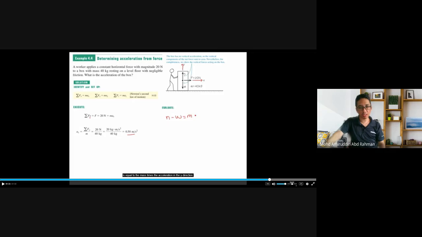We don't have any acceleration in the y direction. Of course it will be 0, because the object is not moved towards the y direction.